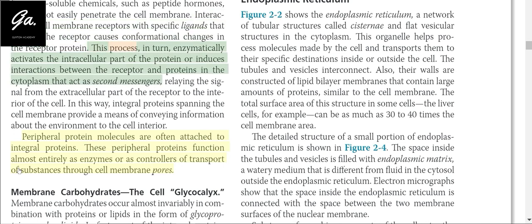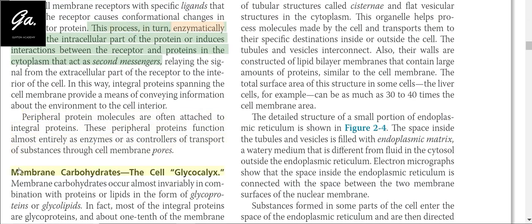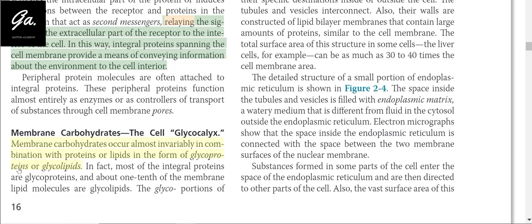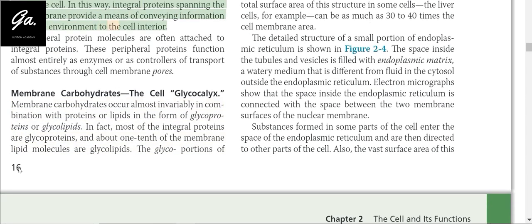This process, in turn, enzymatically activates the intracellular part of the protein or induces interactions between the receptor and proteins in the cytoplasm that act as second messengers, relaying the signal from the extracellular part of the receptor to the interior of the cell. In this way, integral proteins spanning the cell membrane provide a means of conveying information about the environment to the cell interior.